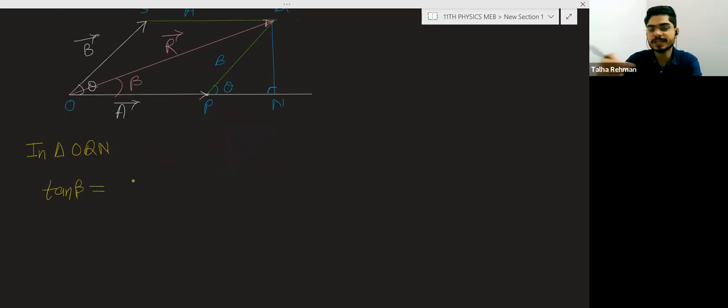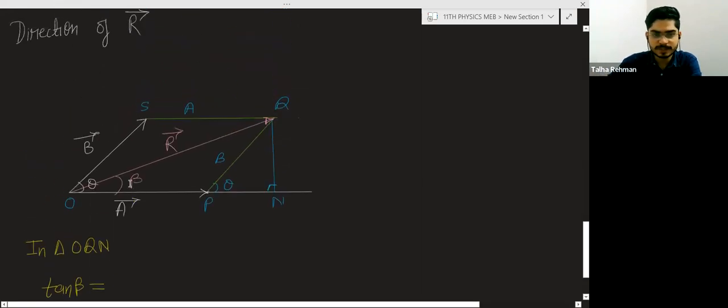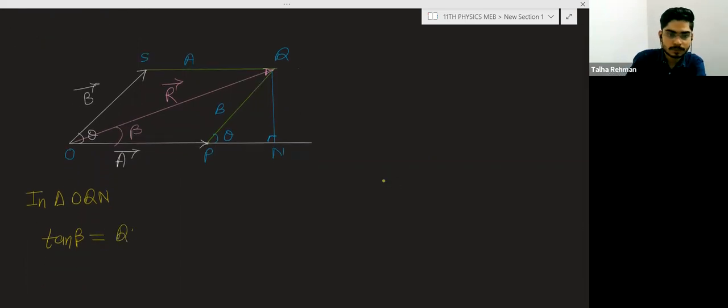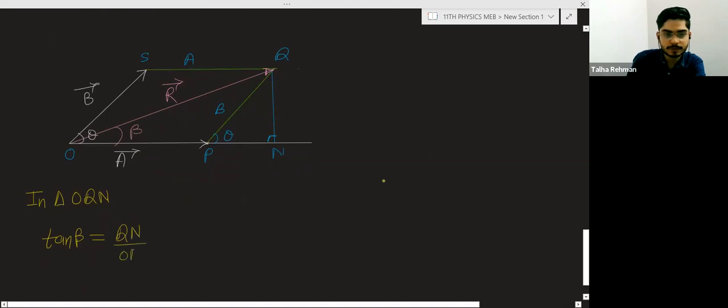What is tangent or tan of any angle? Perpendicular in that triangle divided by the base. So if this is the angle, then QN will be the perpendicular. So tan beta will be QN divided by ON, the base of this triangle. And ON can be written as OP plus PN.